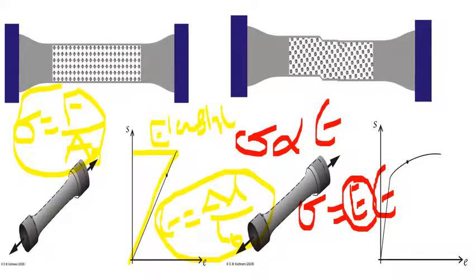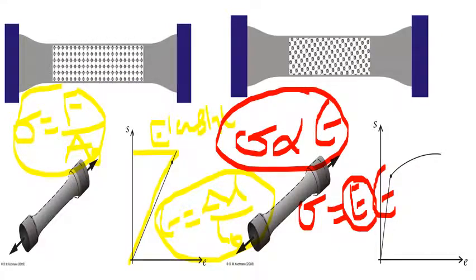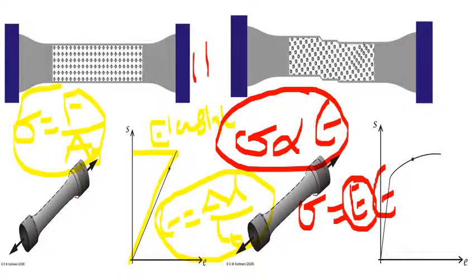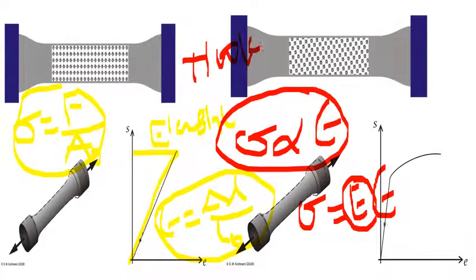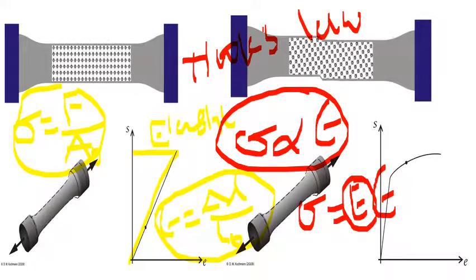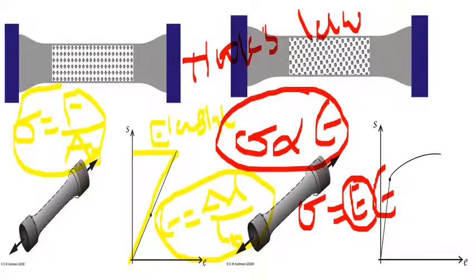The law which gives the relationship between stress and strain in the elastic region is called Hooke's law. Hooke's law states that the stress is directly proportional to the strain within the elastic region.